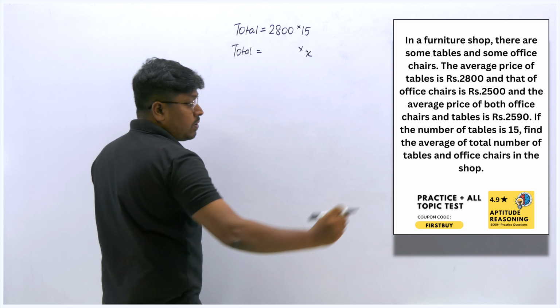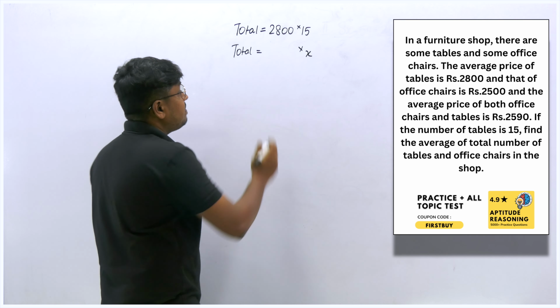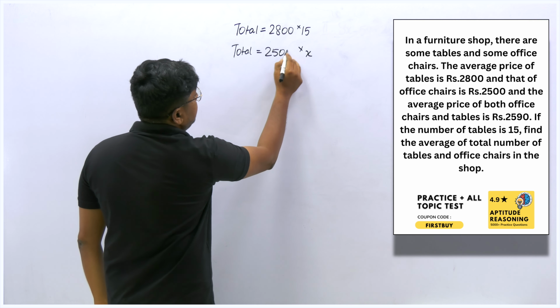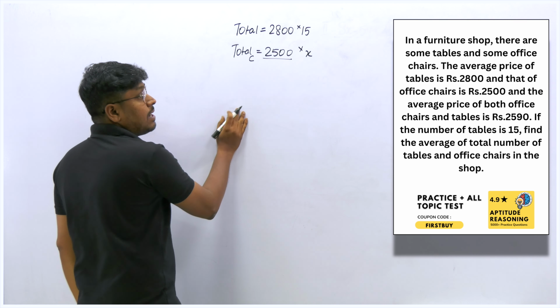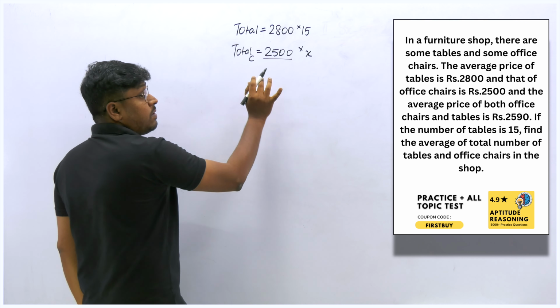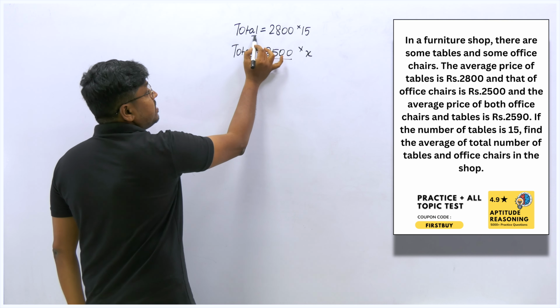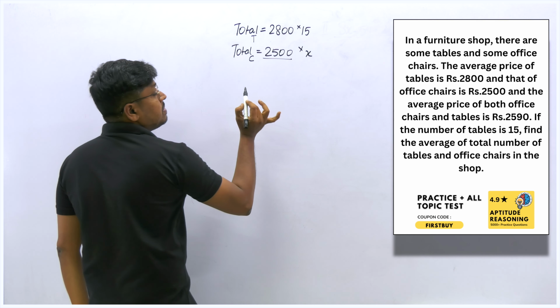The average of the chairs is 2500. So 2500 into X will be the total cost of the chairs. Similarly, the total cost of the tables will be 15 into 2800.